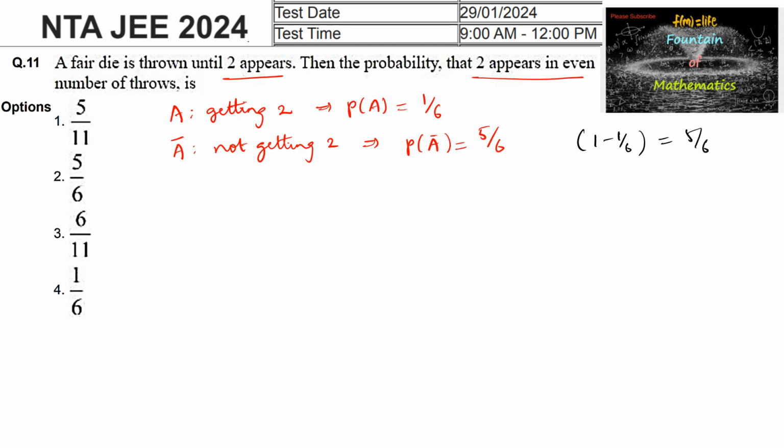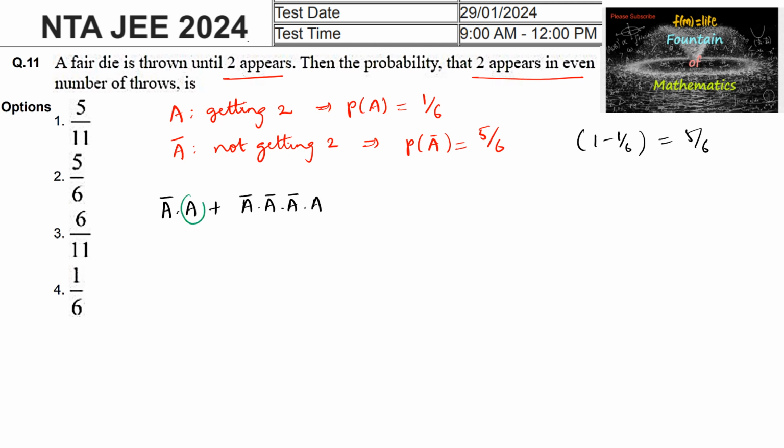It is also mentioned that the 2 appears in an even number of throws. So in the first throw it will not appear 2. So the possibilities are A bar and A, and then A bar, A bar, A bar and A in the fourth position.